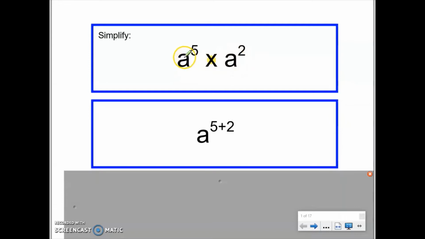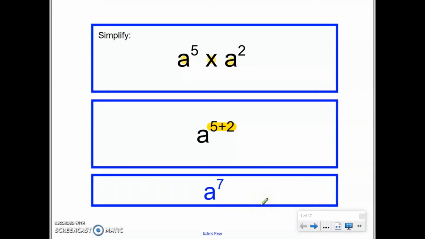So in this question, the base letter is A. You can see that they're the same. When the base letters are the same and it's a multiplication question, we can simply add the indices. So the answer to this question would be simply A to the power of 7.